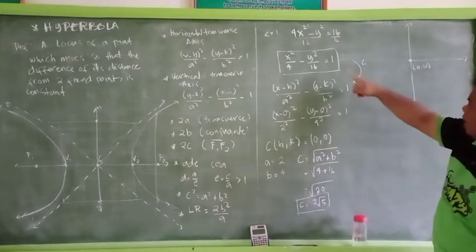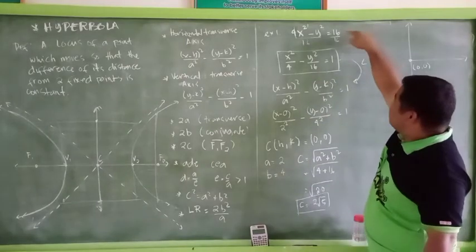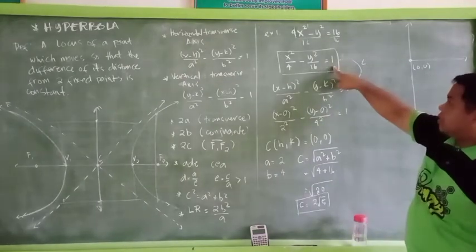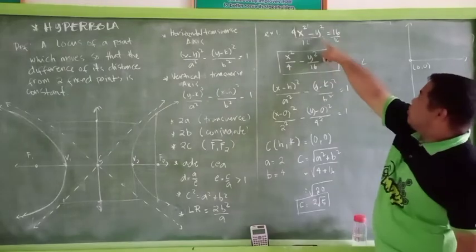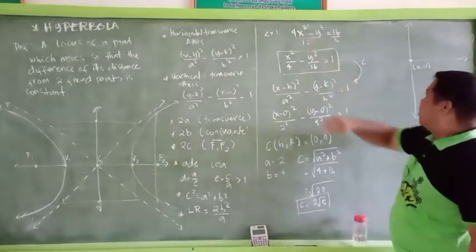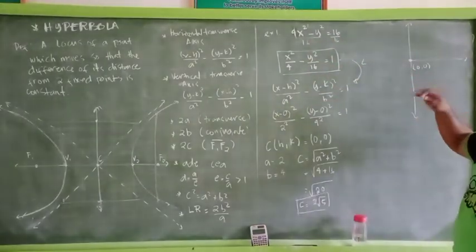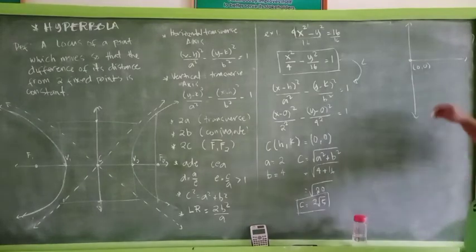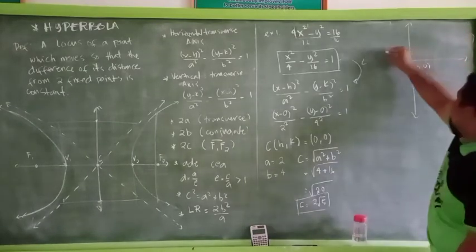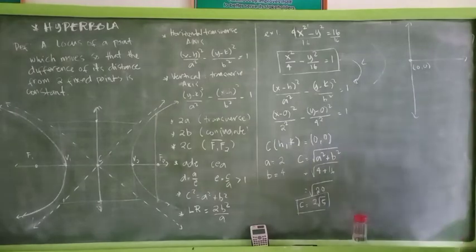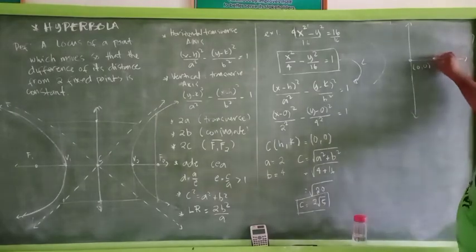Tapos, alam ko din, given this equation, na yung transverse axis natin is horizontal, kasi nga yung y squared natin dito is negative. So therefore, horizontal, pahiga yung orientation ng graph natin. Parang paganon siya. But then, hindi ko alam kung ano yung coordinates ng vertex ko.